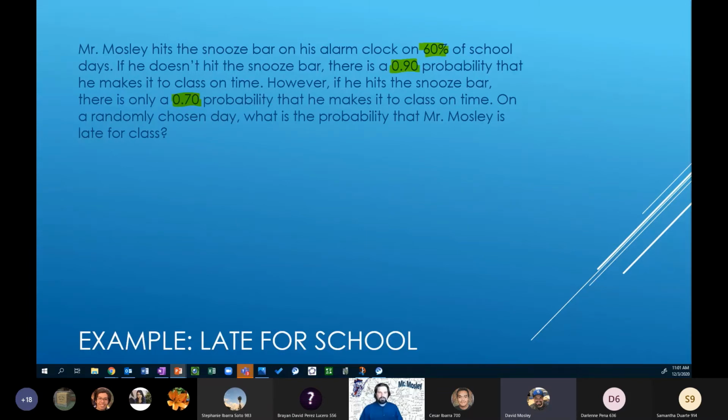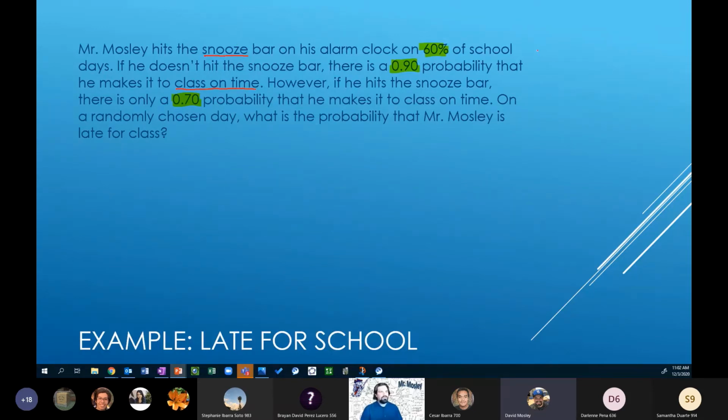We've got some given probabilities. We've got two events, essentially, that have been provided in this context. First event that we see is hitting the snooze bar. So we'll say snooze is one event, and making it to class on time is the other event.